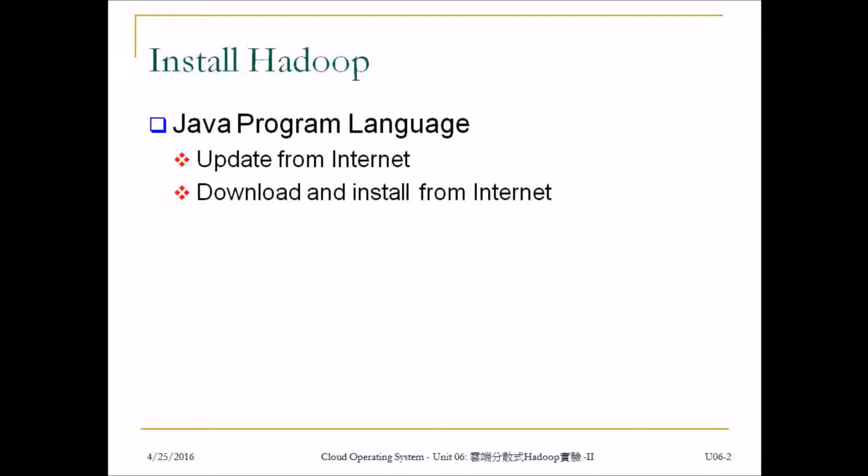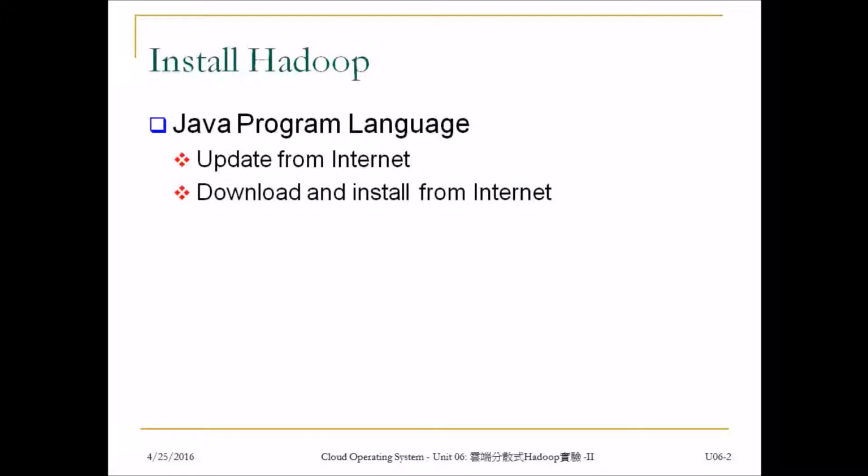Of course, when you have already completed installing your cloud operating system or the cloud environment, please update your Linux environment from the internet. Then download or install the Java package from the internet.